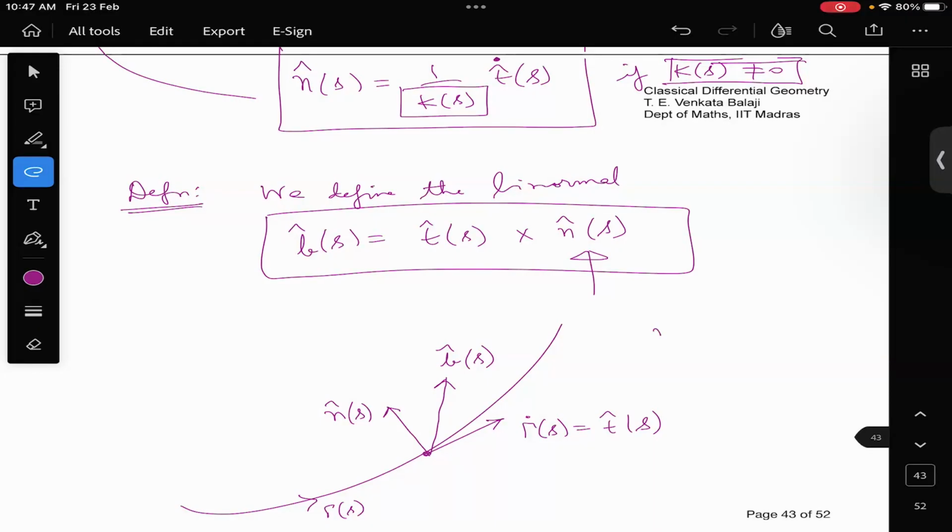They are just like your i, j and k unit vectors along x, y, z directions. The only thing is that i, j, k are fixed, but here this is moving along with the curve, okay. So t cap s, n cap s, b cap s, this is what is called the Frenet-Serret frame.